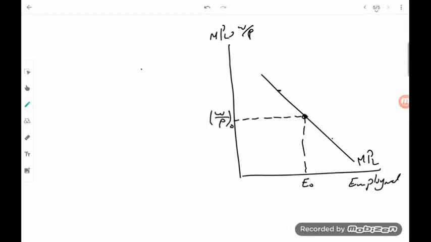At any employment level other than this, adjustment should be made in the market. Say for example, as we said, at E node, marginal productivity of labor is equivalent to real wage rate.